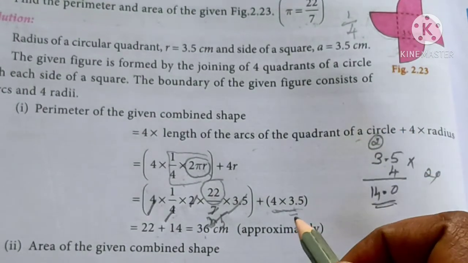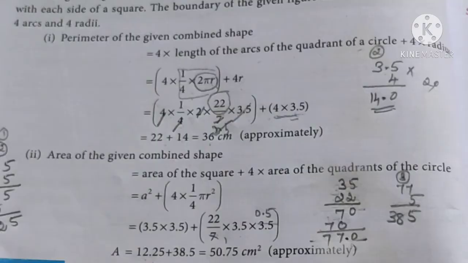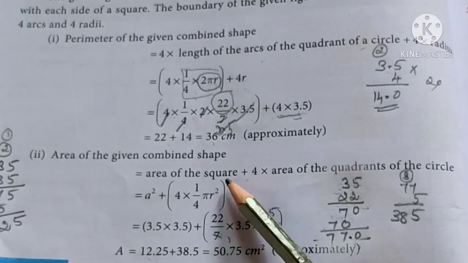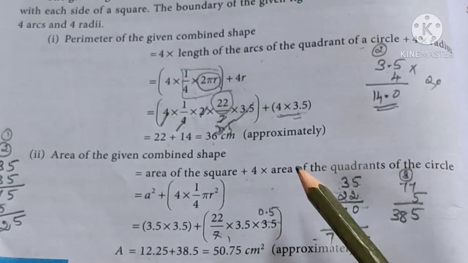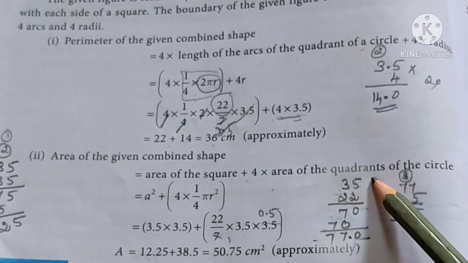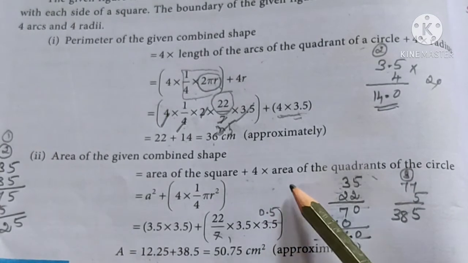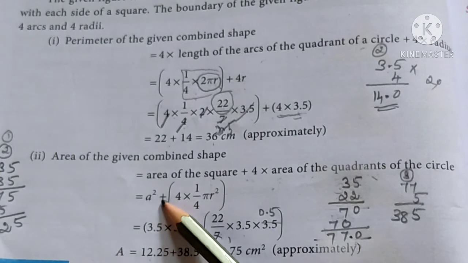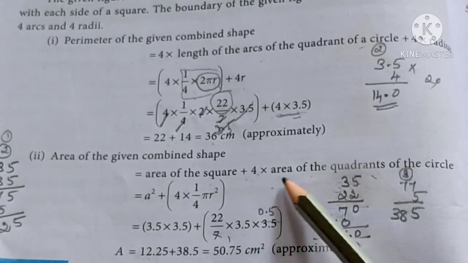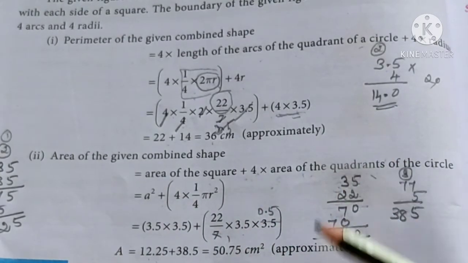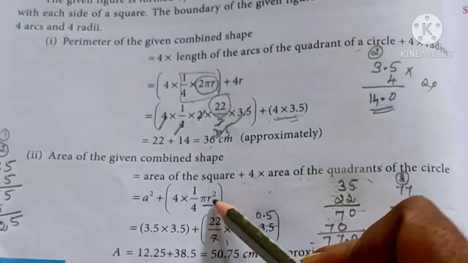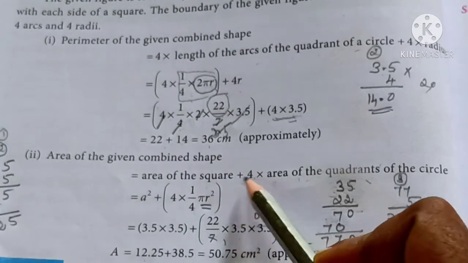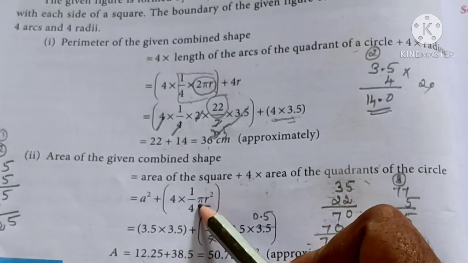Next find the area of the given combined shape. Area is the area of the square, the middle shape, plus 4 into the area of the quadrant of the circle. Area of the square is a square. Here 4 into the area of the quadrant. Already you know the area of the circle formula, pi r square. Quadrant is 1 by 4. So 4 into 1 by 4 into pi r square.